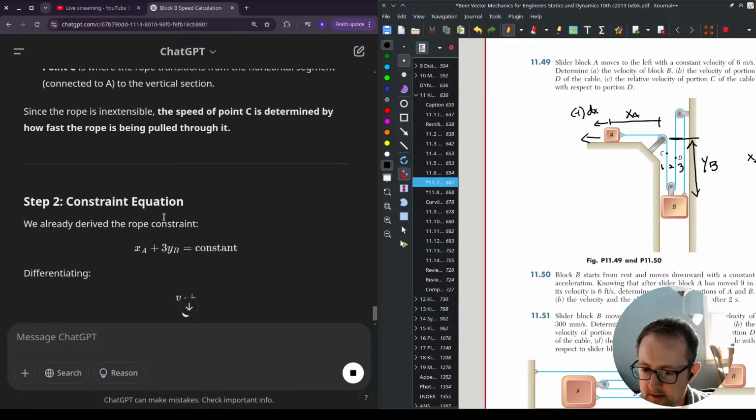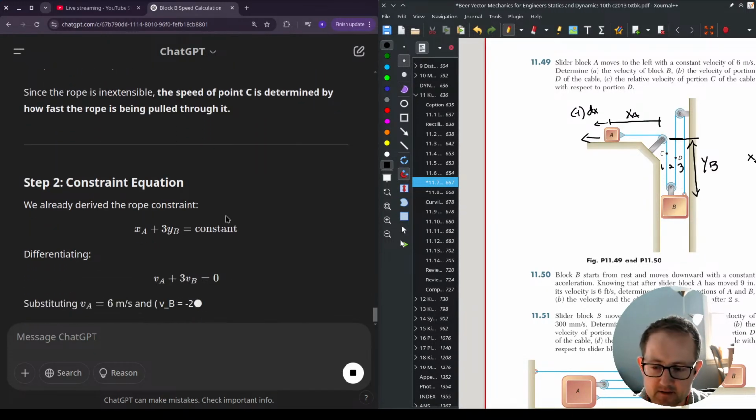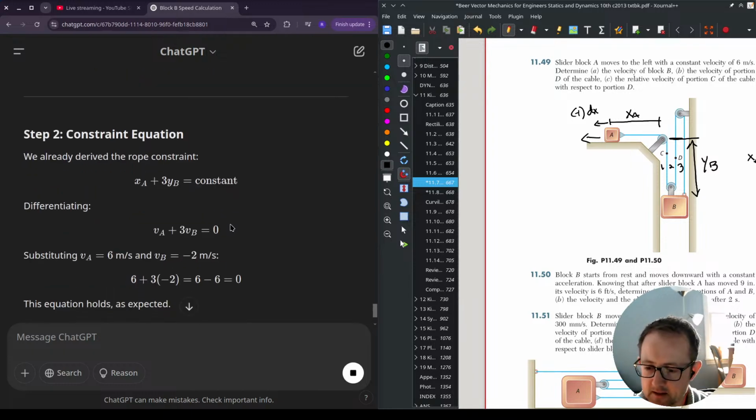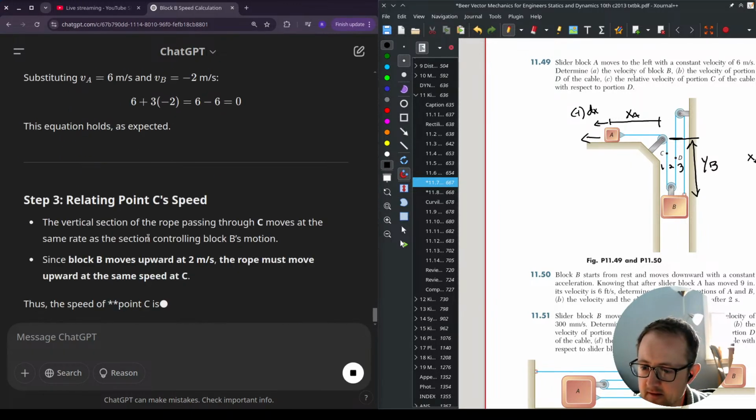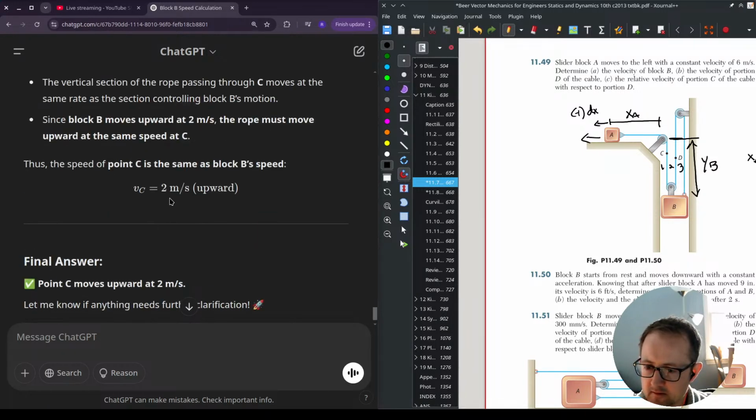All right, so let's see. It's going back into our derivation. It's making me a little worried. Oh no, it's telling me that this one's moving at the same speed as block B, but that can't be right.